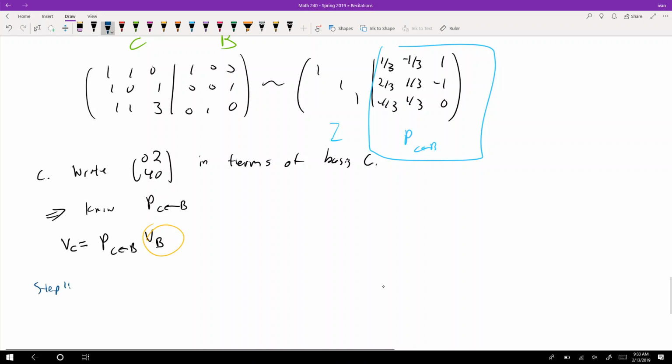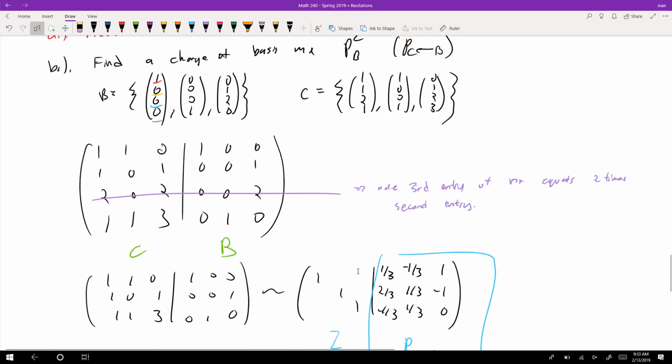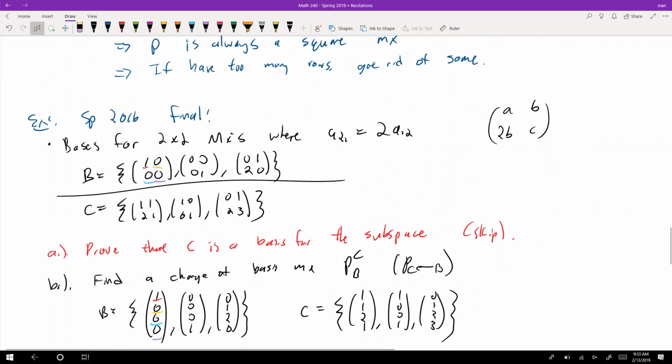So step 1, find 0, 2, 4, 0 in terms of B. We need to find that matrix in terms of basis B. How do we do this? Well, we look at our basis B, and our matrix is 0, 2, 4, 0. What's a linear combination of the B basis elements that can get me that? 0, 0, 2.